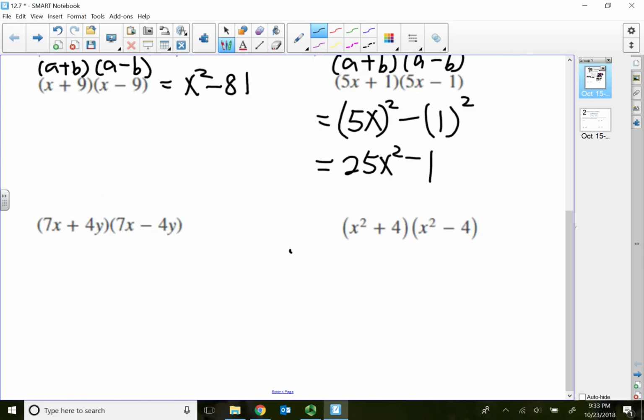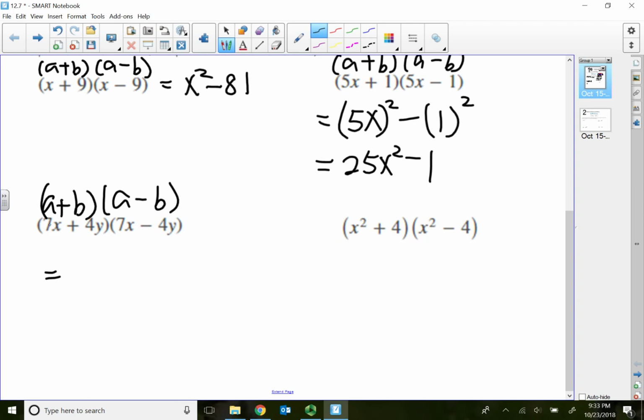Now we have not run into two terms times two terms with two different variables, so we will do it right here. a plus b times a minus b. My a is 7x, my b is 4y. The a's are the same, the b's are the same, one positive, one negative in the parentheses. So this is another difference of squares.